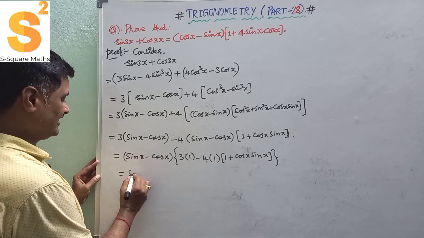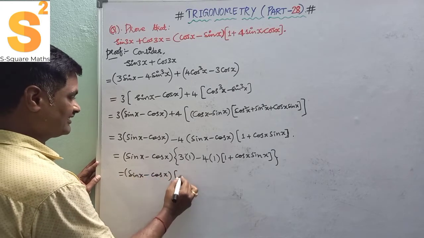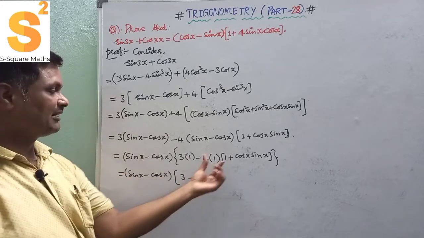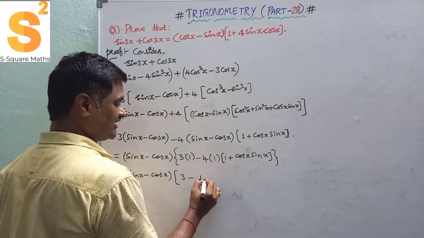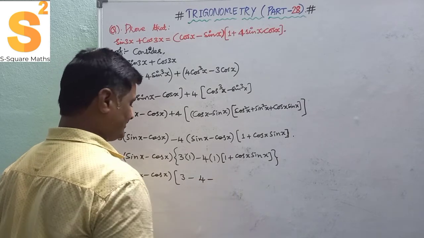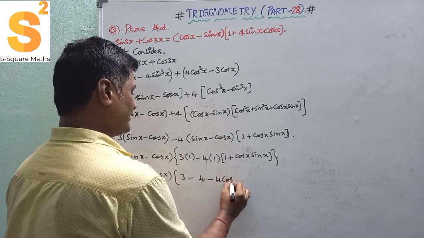Next, I am writing here sin x minus cos x, 3 into 1 is 3, minus, I am multiplying here with 4, minus 4, so minus 4 into 1 is minus 4, and here it is minus into plus minus 4 cos x sin x.